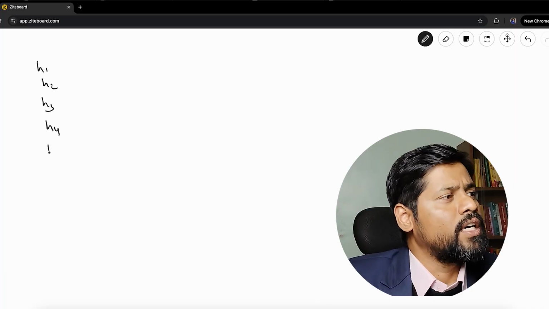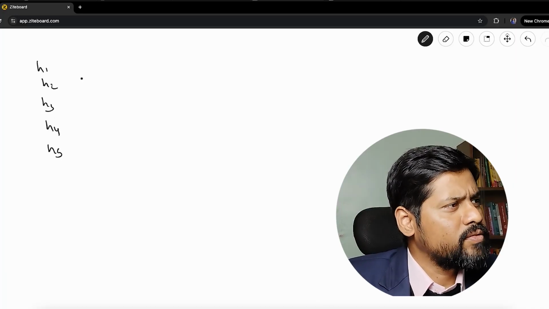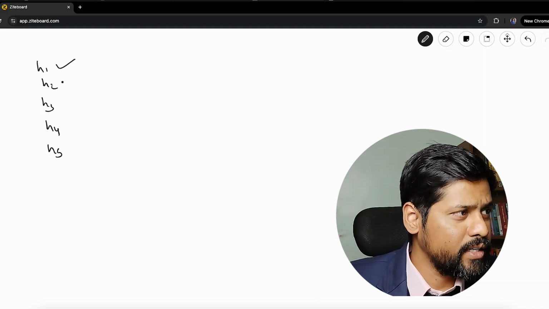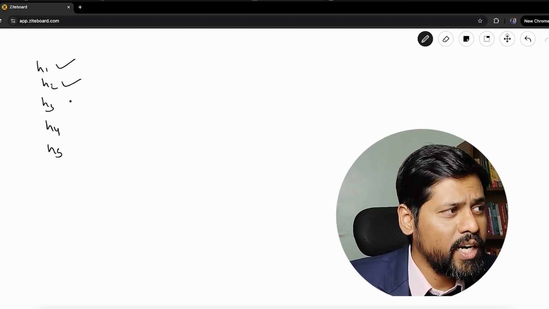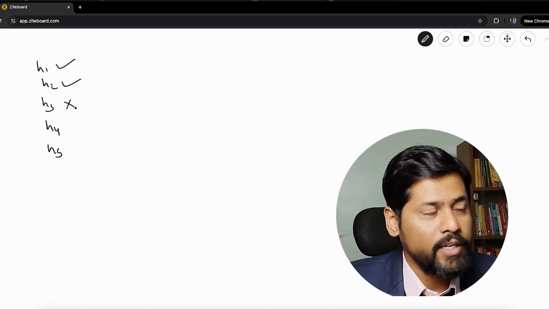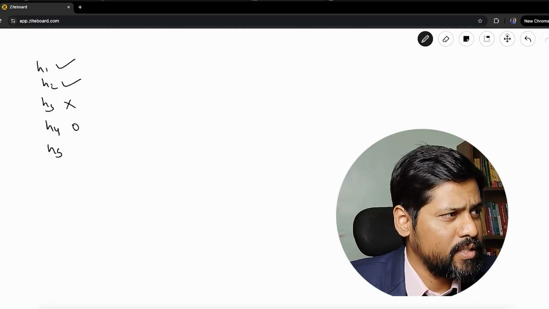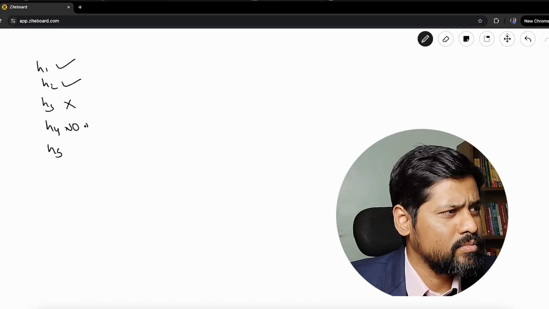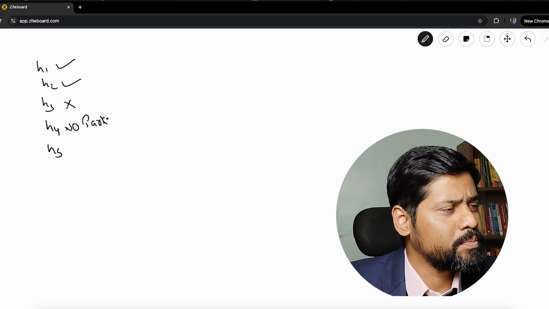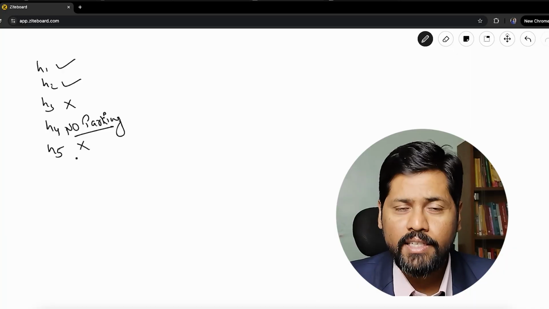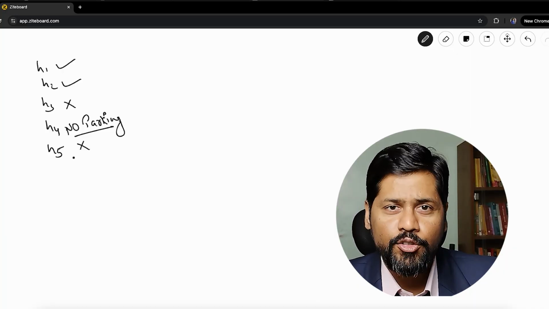Out of these 5 houses, let's say H1 has parking, H2 has parking. For H3 we are not sure whether it has any parking or not. H4 does not have any parking, so we can say no parking. Similarly for H5 we are not sure about the parking. So the data that we are feeding into our model is unsure.